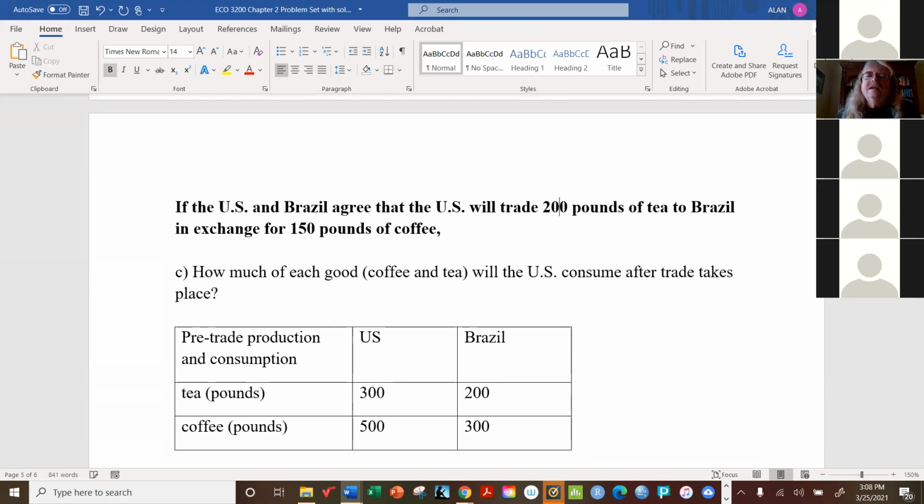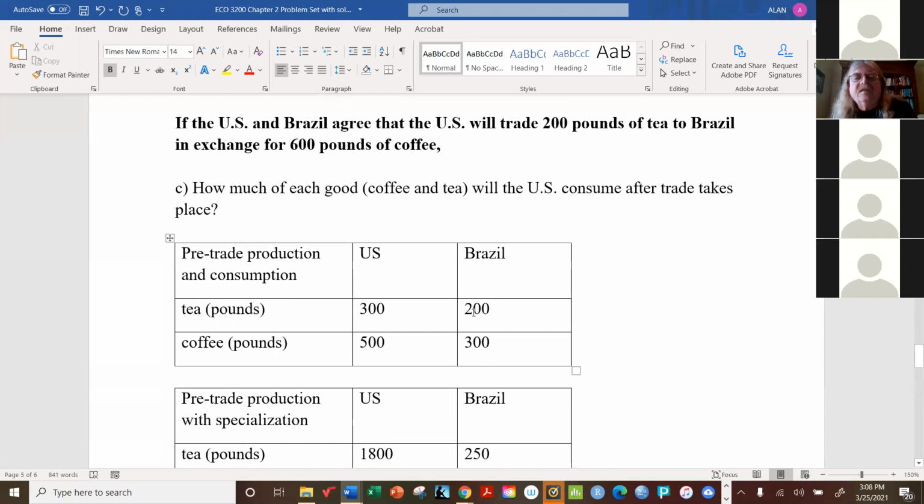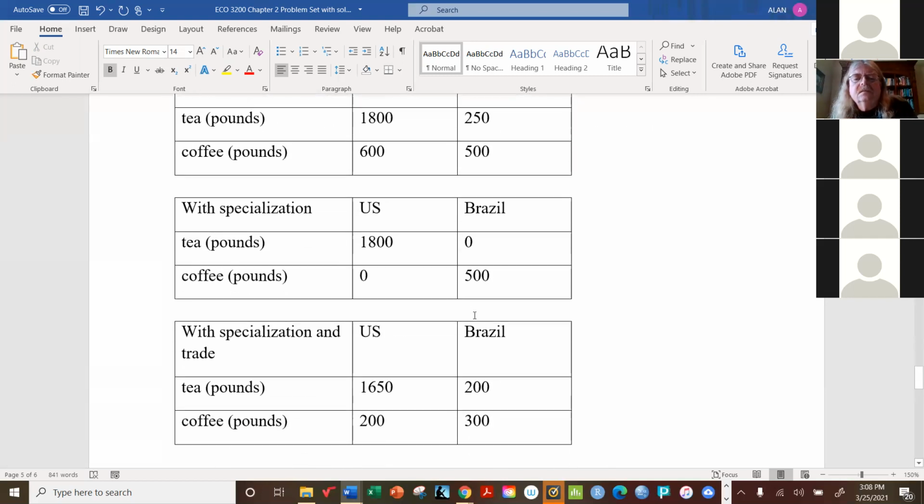Sorry about this. I have to keep changing it because it doesn't make sense the way it's set up now. Let's try this. The U.S. trades 200 teas to Brazil for 600 coffees. Let's see if that works.